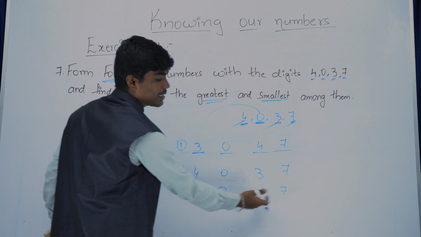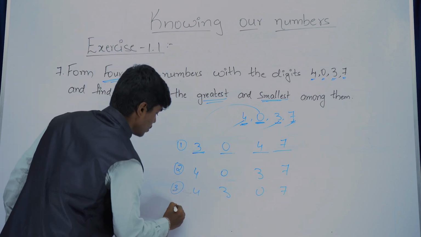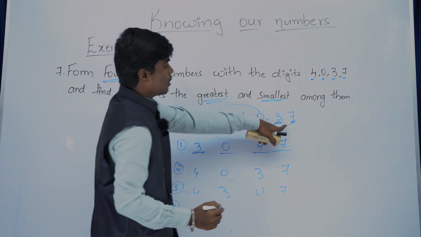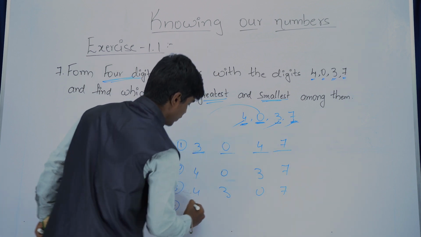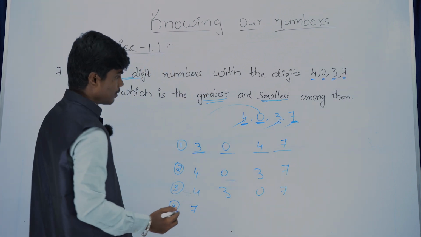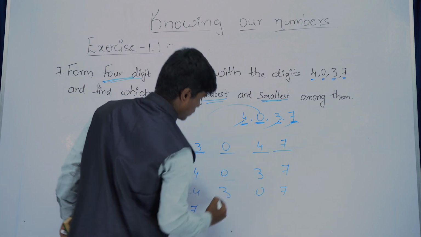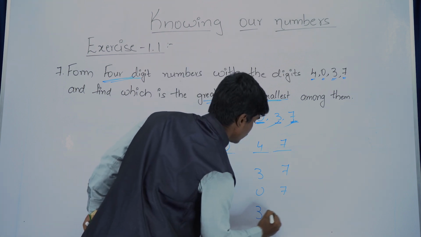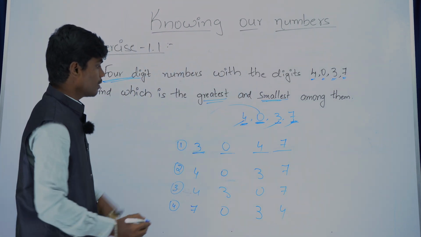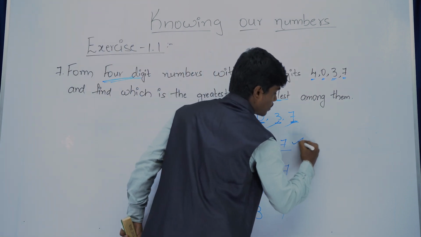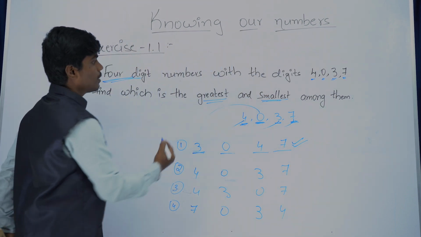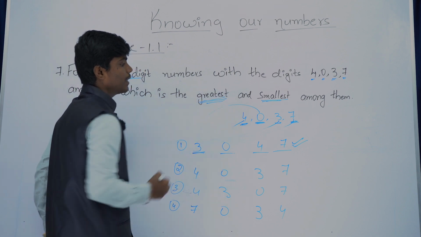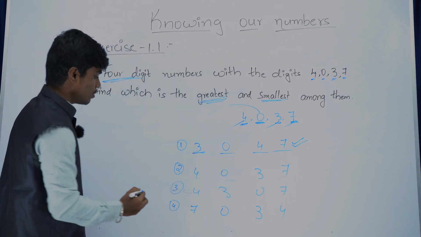Anyway, you can arrange the digits in any way. Now coming to the fourth, form a number using 7, 0, 3, 4. But here we got the smallest value and we have to get the greatest.